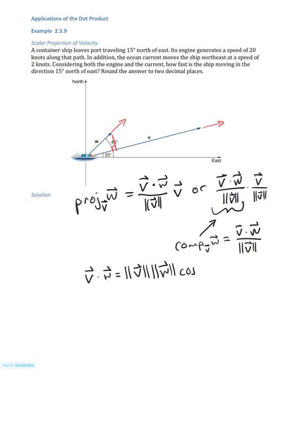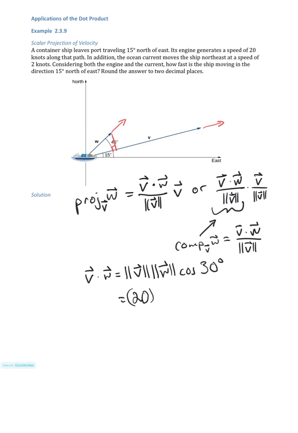This we do know. We know this because if the current is 45 degrees, but then 15 degrees of that is the ship line, so the difference between them ends up being 30 degrees. All right. So the magnitude of V is the 20 knots.